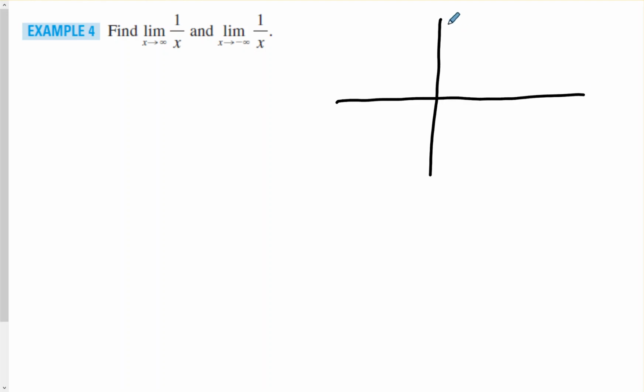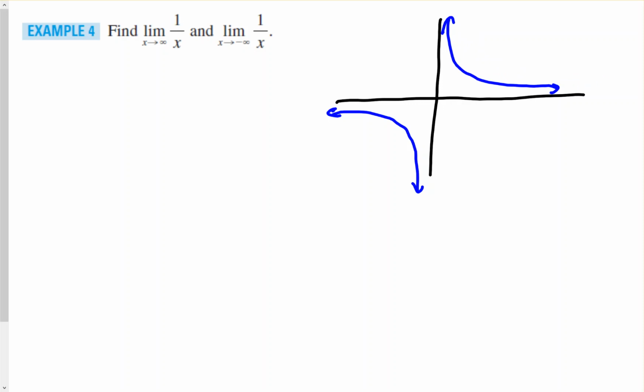We would see that 1 over x looks like this. So as x approaches infinity, we're going to be approaching 0.